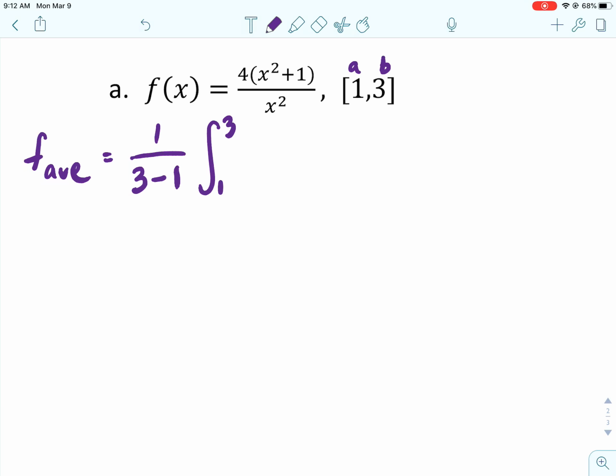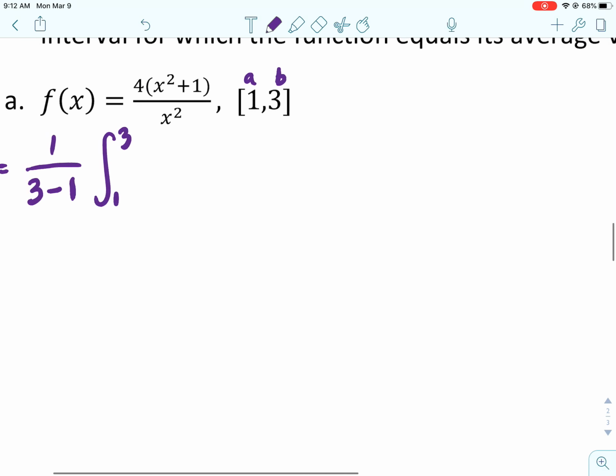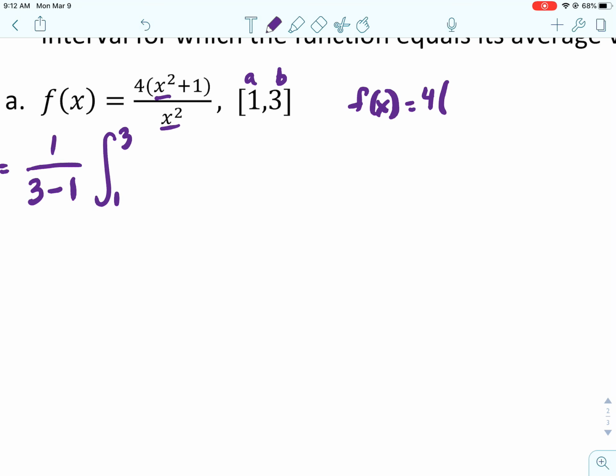Now, I don't really like the way this is written to be able to find the integral. So I'm actually going to move over a little bit to the side and simplify this a little bit more. So let's go ahead and divide each of those by x squared.